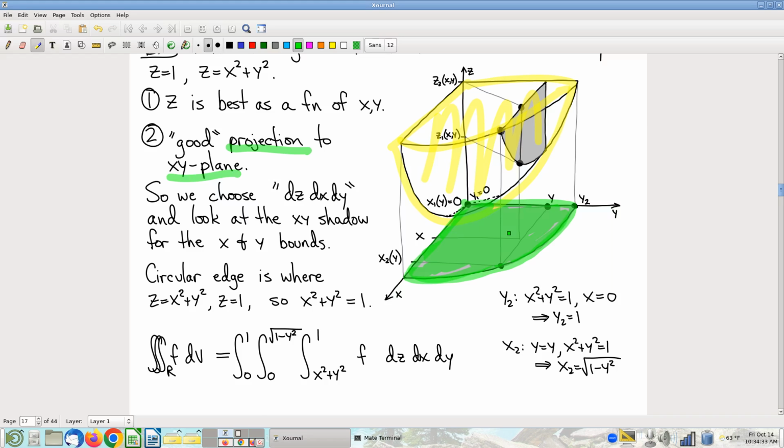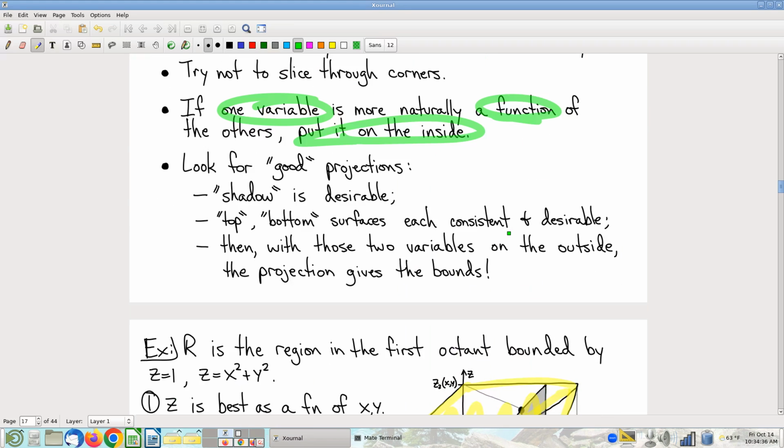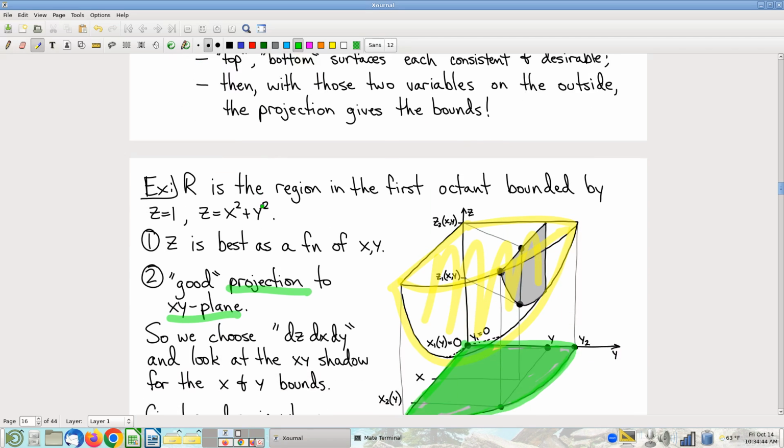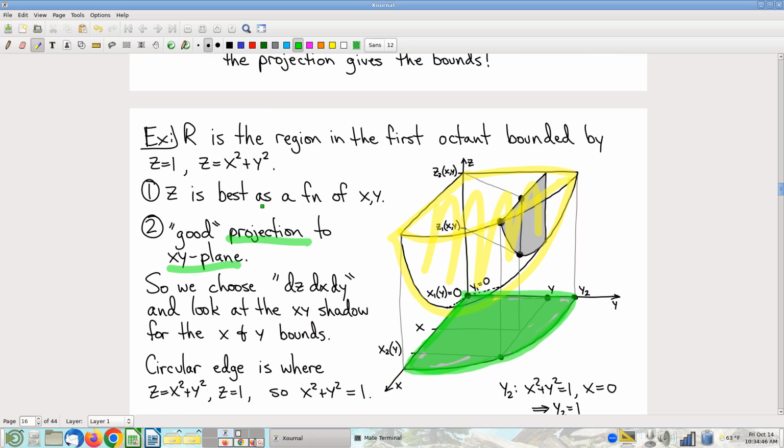Okay, so looking back up to here, what I mean by a good projection. First of all, the shadow isn't weird. The shadow is a nice shape. Let's look back and confirm here. The shadow that we're looking at, this projection, well, it's a quarter disc. It's not some sort of weird octagonal oddball thing.